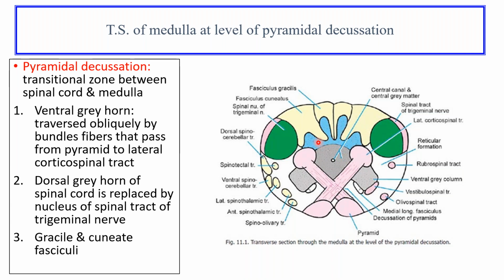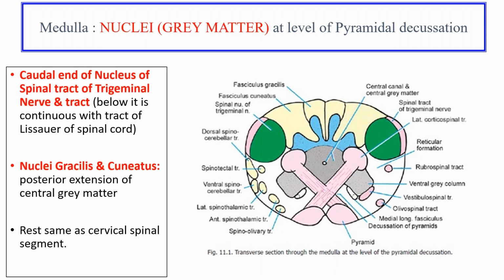And then you have a few more nuclei, the gracile and the cuneate fasciculi. The fasciculus cuneatus and fasciculus gracilis are there in the posterior aspect. This is how they will appear. Now, of the nuclei, the gray matter at the level of the pyramidal decussation, you can see the beginning of the nucleus, because over here the fasciculus cuneatus and gracilis are actually beginning to terminate into the nucleus.